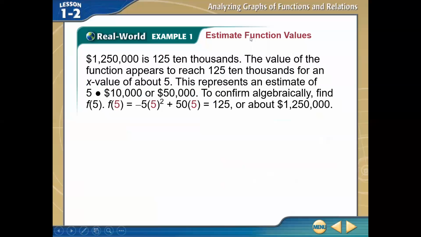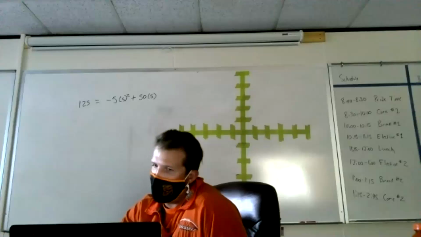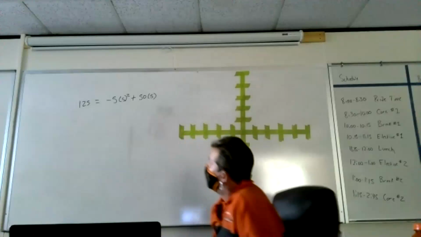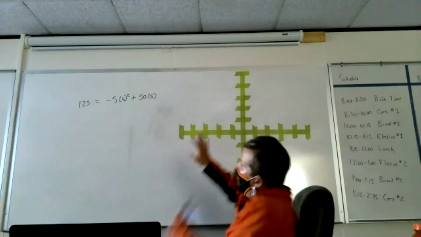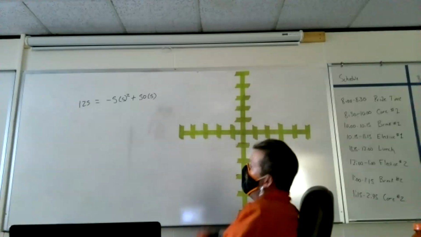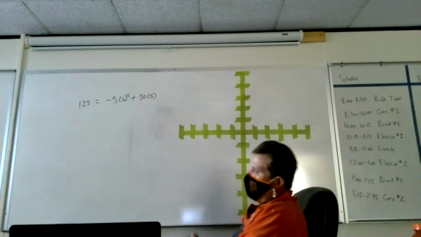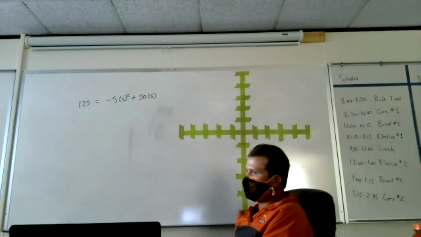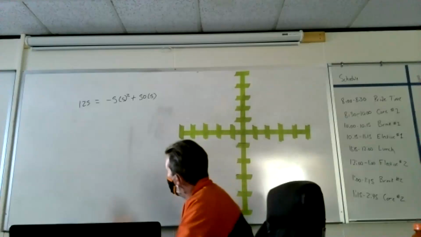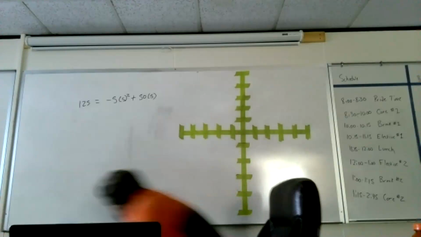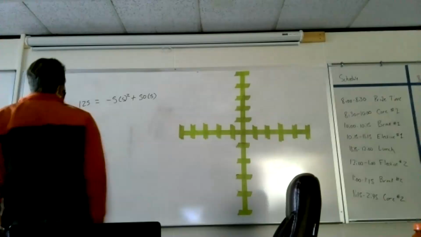And once again, the way that we would check it is we would plug in our x value that we thought. So from the graph, it looked like when I hit the x unit of 5, that's where I wanted to be. That was my magic number that made my y value 125. So once again, we just double check it, plug it all in.